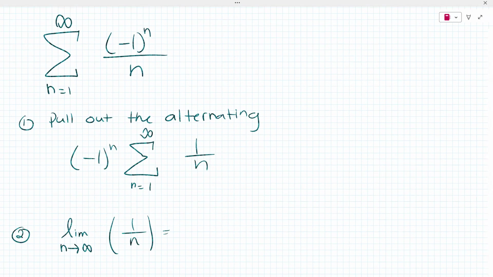You plug in infinity, you get 1 over infinity, which is equal to 0. So we know it converges.